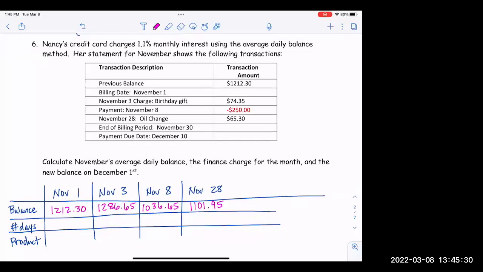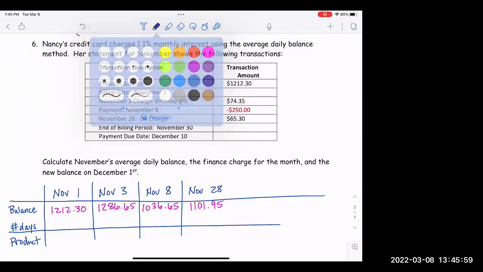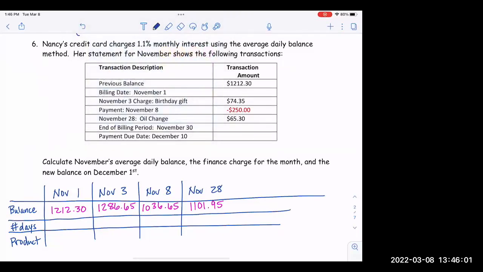Then I want to know how many days it stayed at each balance. We know on November 1st, we started out with a balance of $1,212.30. It would have stayed at that balance for November 1st and November 2nd, and then on November 3rd is when it changed. So it was at that balance for 2 days.